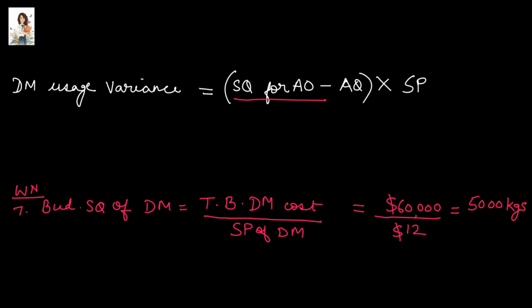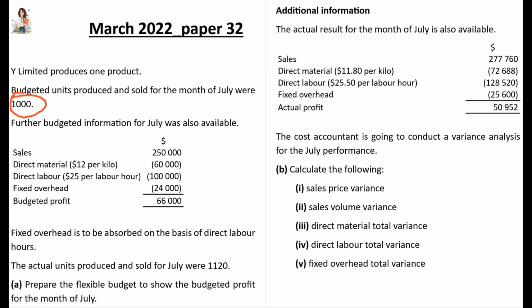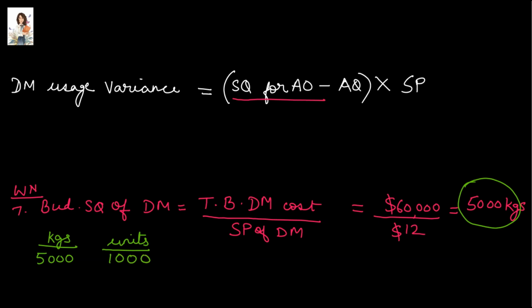Now, please pay close attention to the following calculation. So, we have one column called kgs and another one called units. 5,000 kgs of direct material, which we have just derived here, is required for budgeted output of 1000 units. So we'll write 1000 here. 5000 kgs of direct material are required for 1000 units of final product.